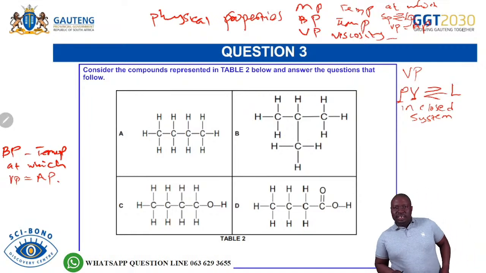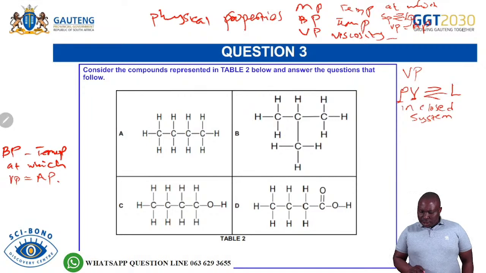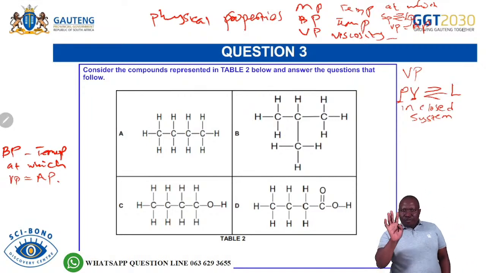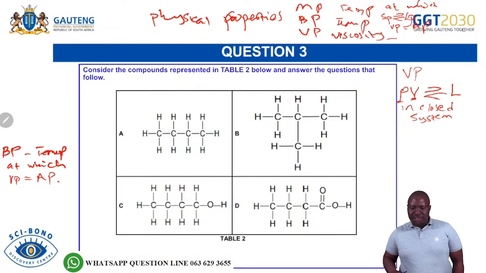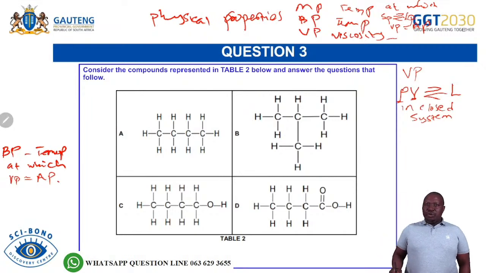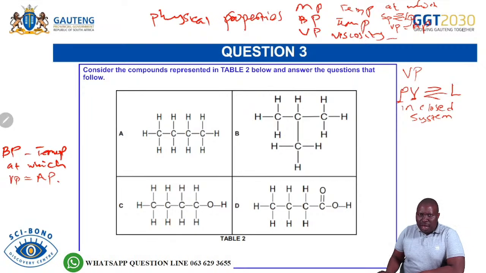So the resistance of liquid to flow is viscosity. So I wanted you to know that there are 4 important definitions when you're going to question 3 that you must know at all times, because we would definitely like to ask you 1 or 2 of them during your test and exams.